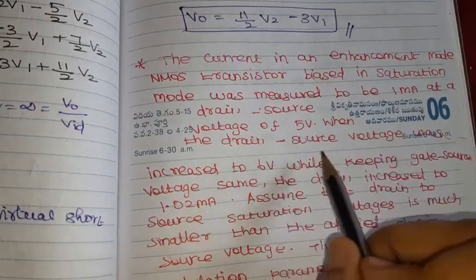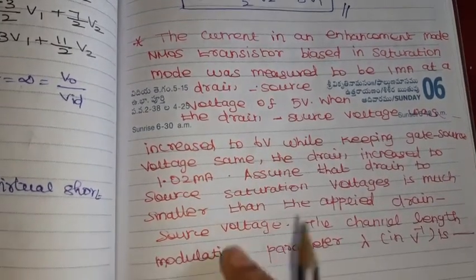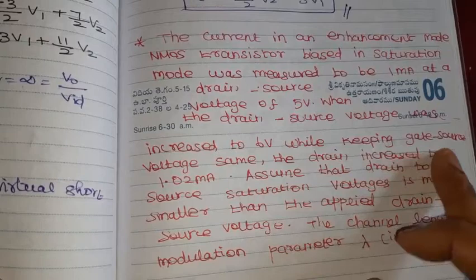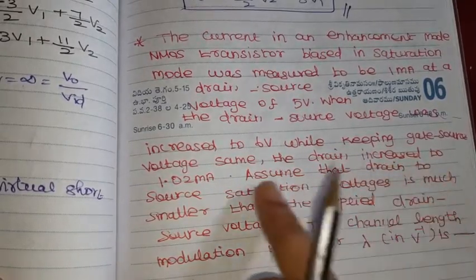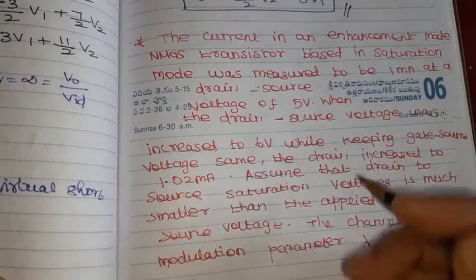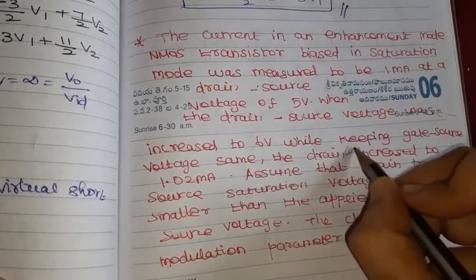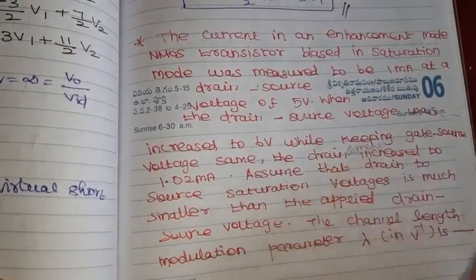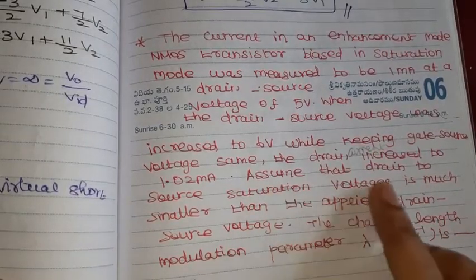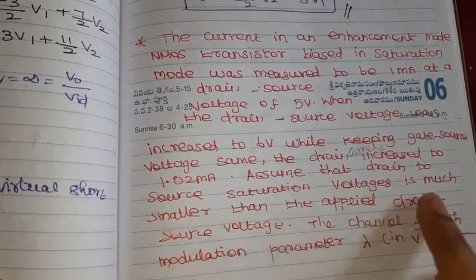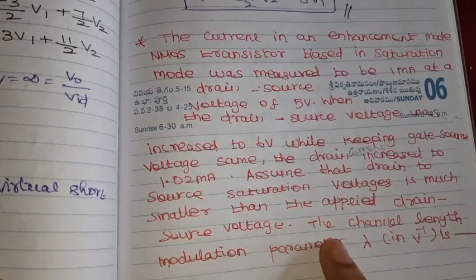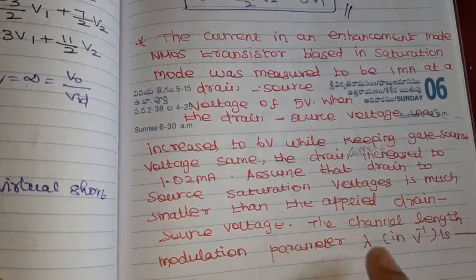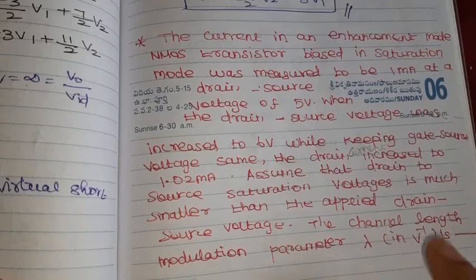When the drain source voltage was increased to 6 volt while keeping the gate source voltage the same, the drain current increased to 1.02 milliamps. This is drain current. Assume that the drain to source saturation voltage is much smaller than the applied drain source voltage. The channel length modulation parameter lambda in voltage inverse we need to find out.